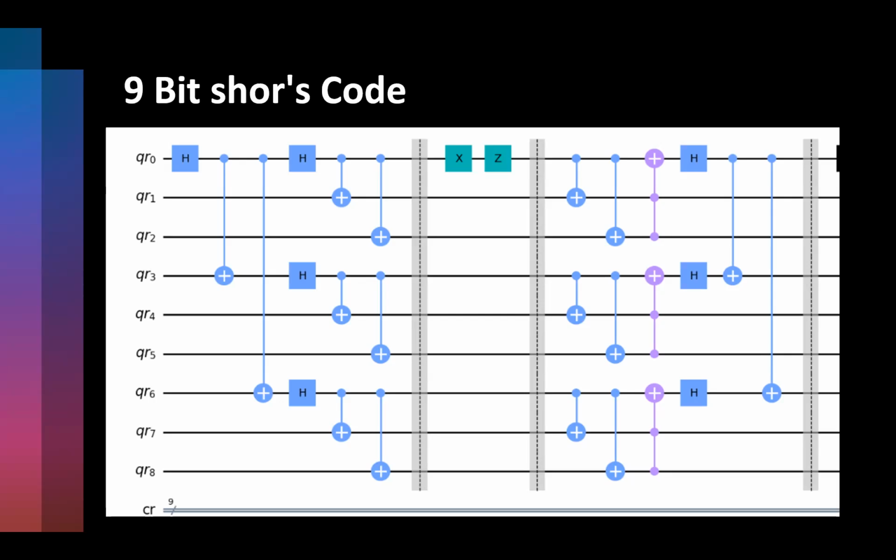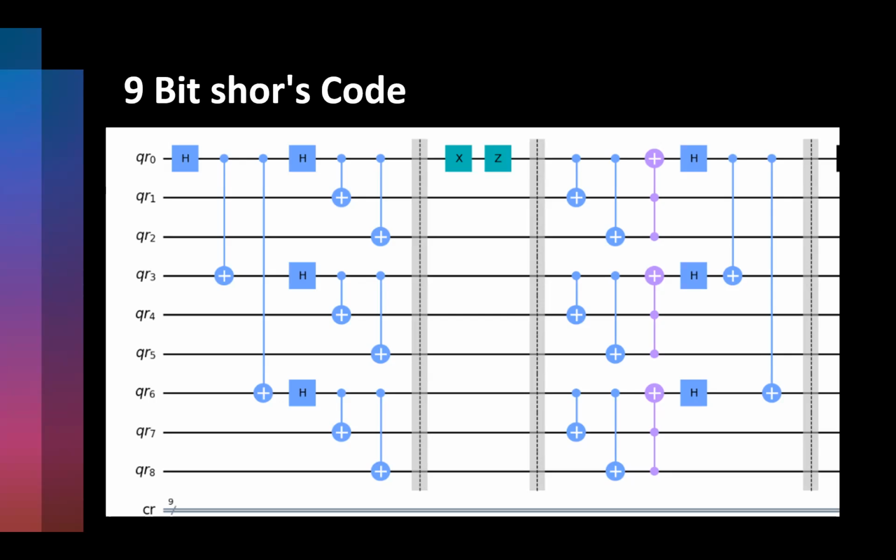Similarly, we did it with the third and fourth qubit, and the sixth and seventh and sixth and eighth. So this is our first encoding part. Now we will introduce some errors. So error X means bit flip error, and Z gate means it's a phase error.